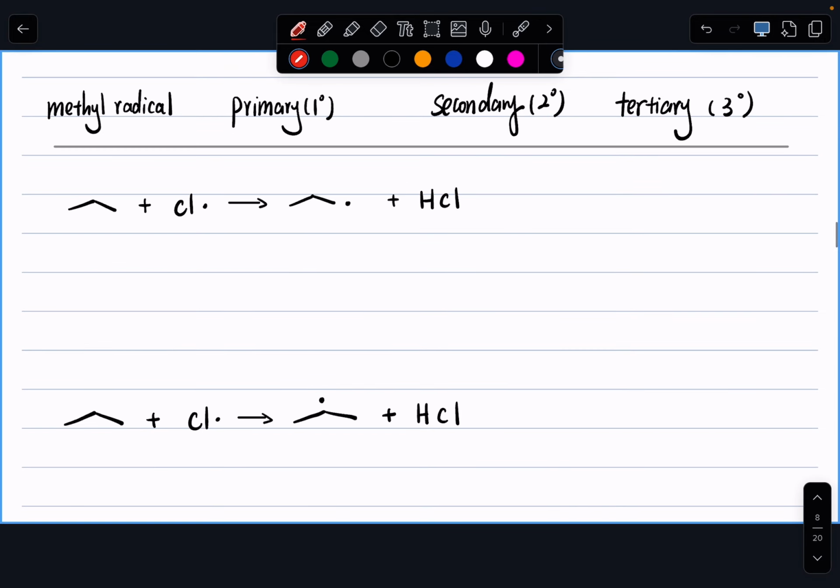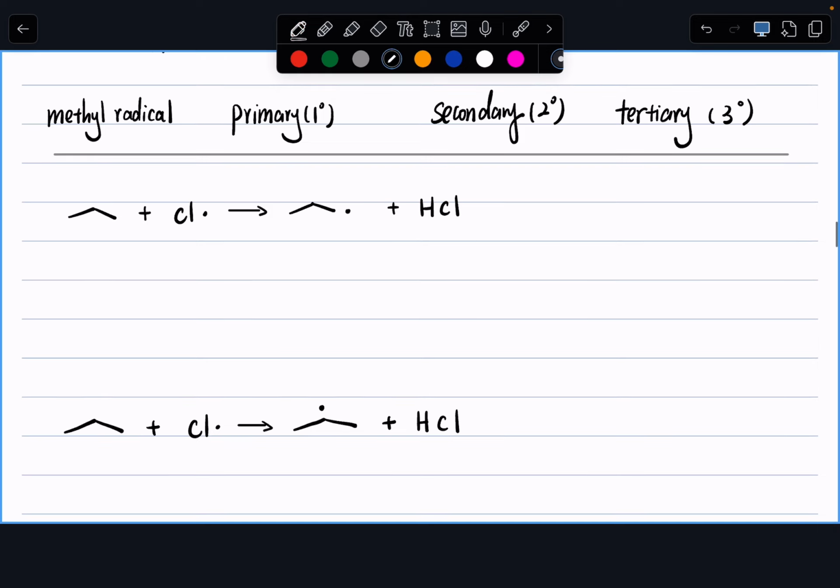In our previous classes, I quickly mentioned how to calculate the delta H of the reaction based on the bond dissociation energy. So let's do that together. We observe what the bonds are in your reactant and what the bonds are in your product.